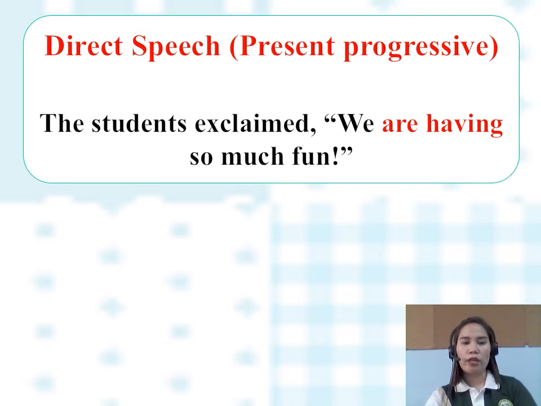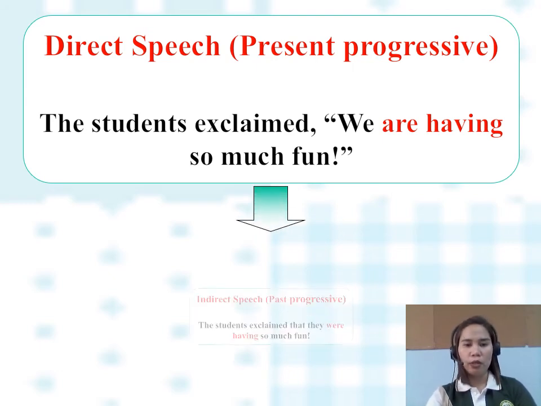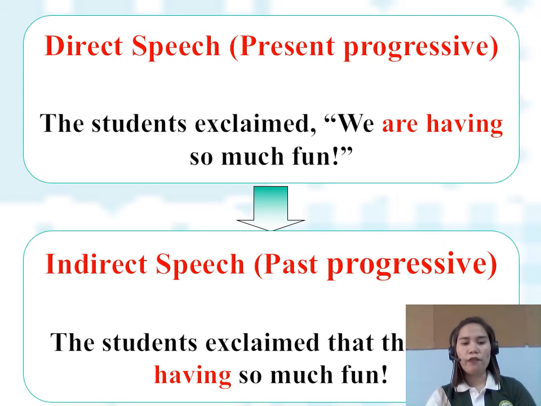For direct speech: the students exclaimed, "We are having so much fun." So that is present progressive, are having, because we have plural subjects. Let's convert it into reported speech. The students exclaimed that they were having so much fun.